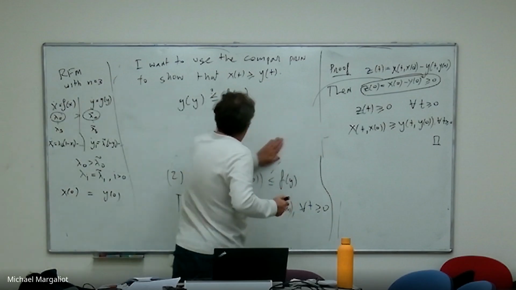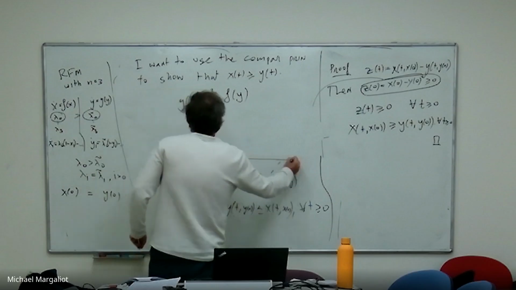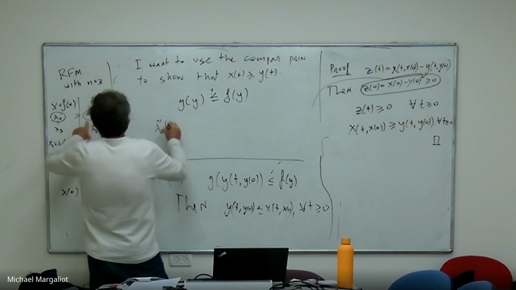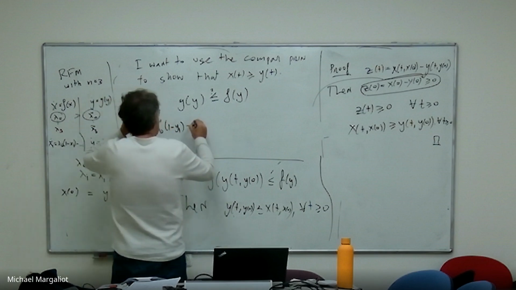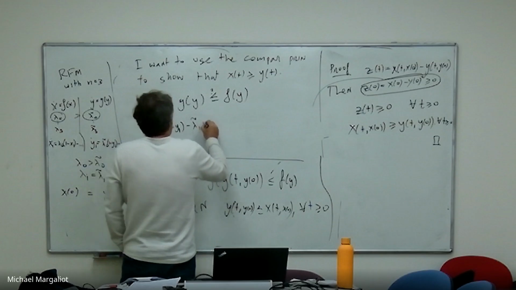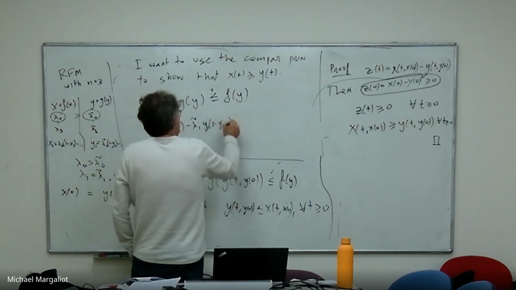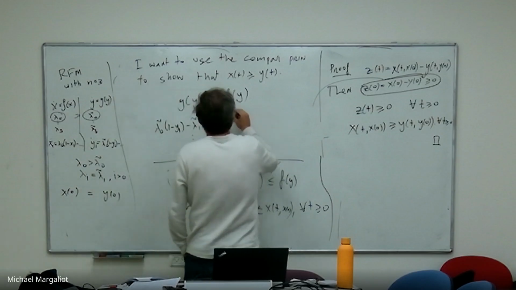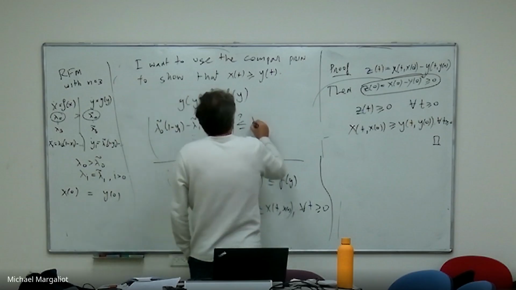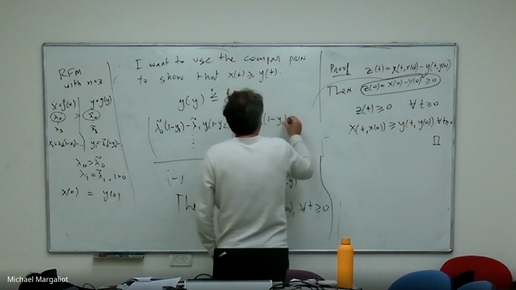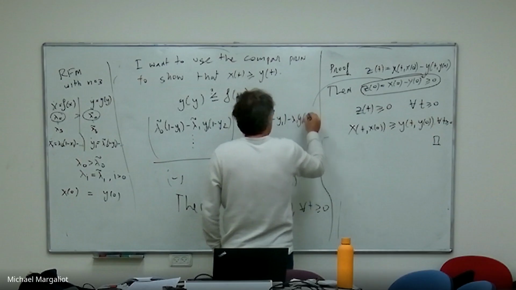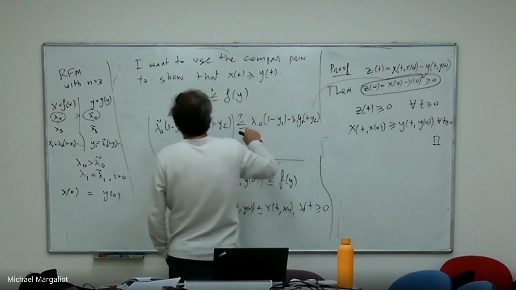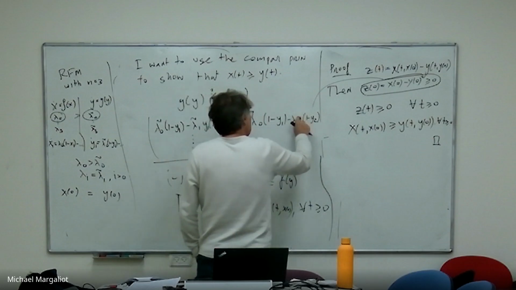Let's write them down, or at least part of them. g was, for example, lambda 0 bar (1 minus y1) minus lambda 1 y1 (1 minus y2), and there are two others here. And this is lambda 0 (1 minus y1) minus lambda 1 y1 (1 minus y2). This is the f, so without tildes.